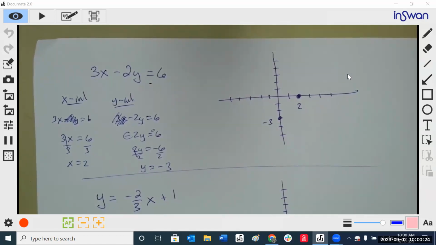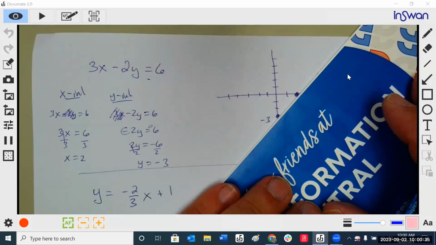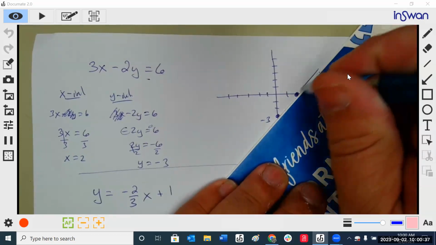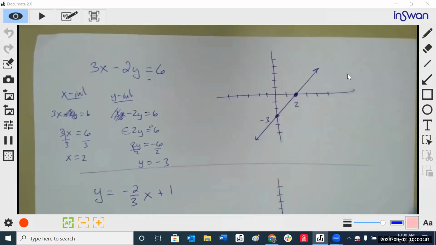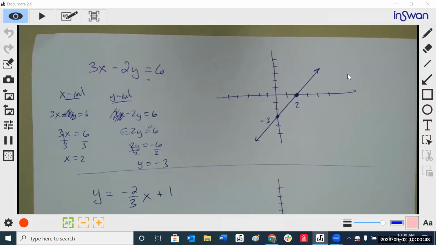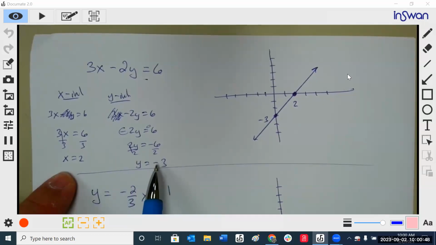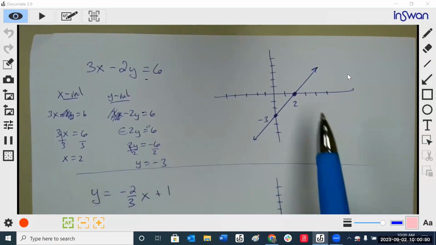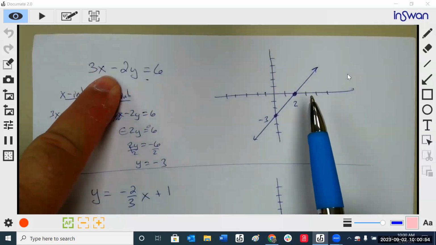Just find the intercepts first. If it works, it's great. If it doesn't, then we have to do something else. Then connect the dots. There's the graph. If it doesn't work, in other words, if we don't get 2 points, then just plot one of the points and then find the slope of this line.